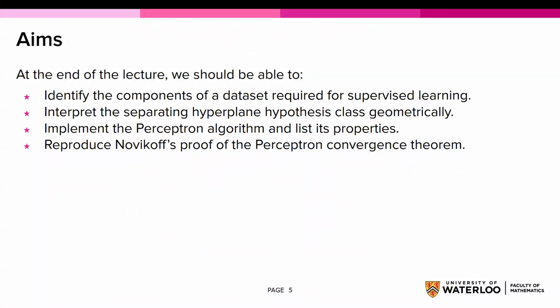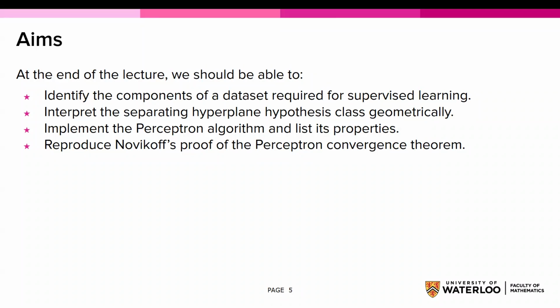So in this lecture, we're going to talk about a fundamental feature shared by many of today's classifiers that was inspired by the Perceptron approach. By the end of the lecture, I'm hoping that you're in a position to identify the components of a data set required for the supervised learning setting within which we can position the classification problem.